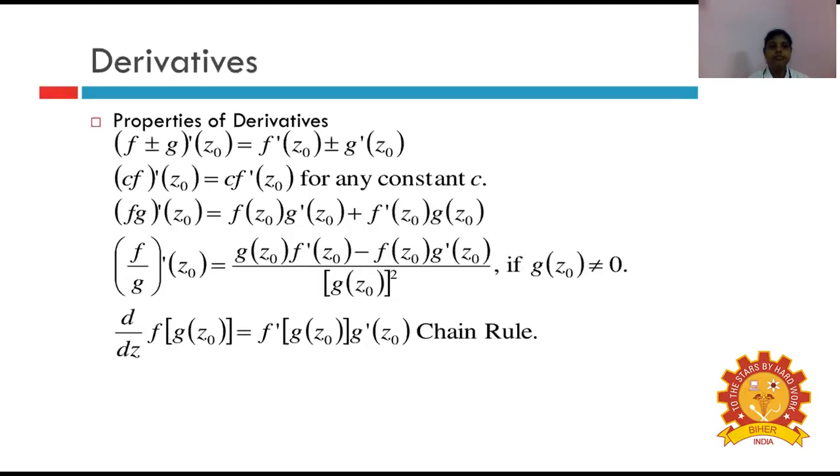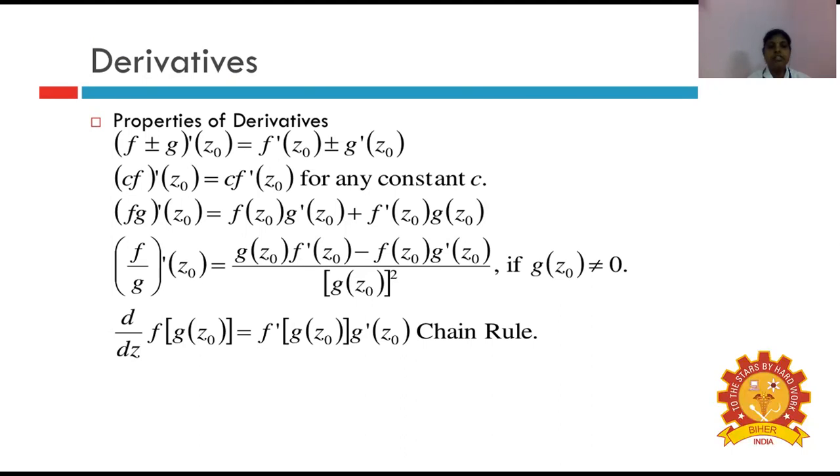Next, properties of derivatives. For two functions f and g: (f plus or minus g) whole dash of z naught equal to f dash of z naught plus or minus g dash of z naught.